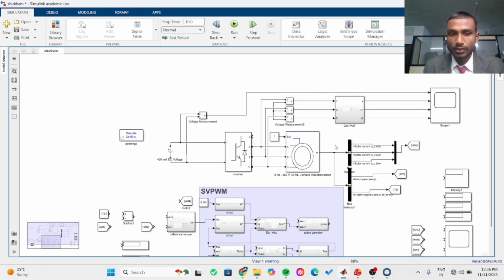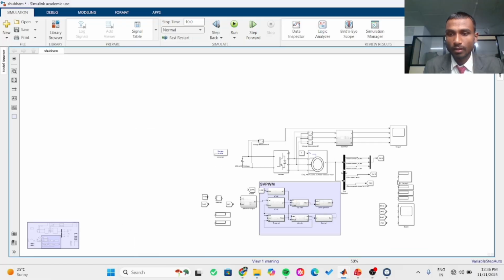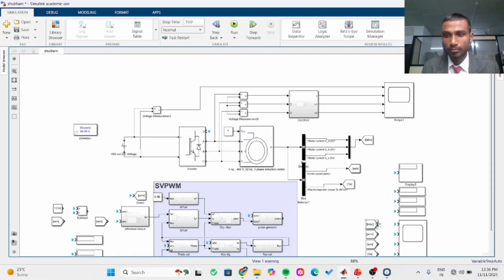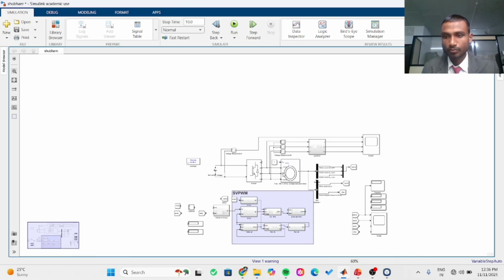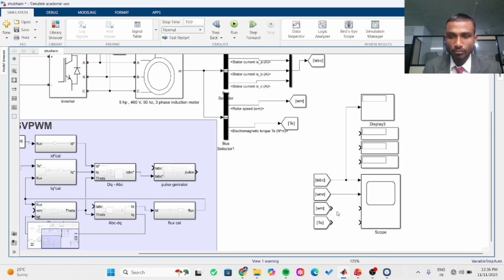We have to connect these three phases again, back to the first scope, then to this. So this is second, first. Again, a different scope.